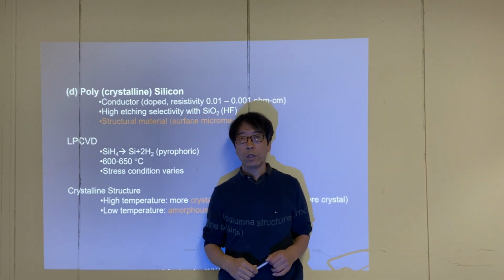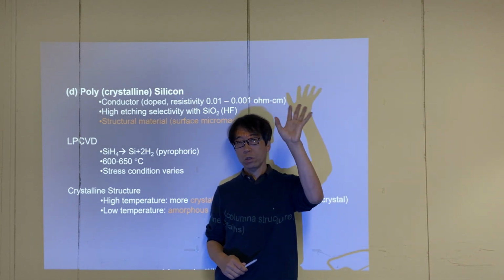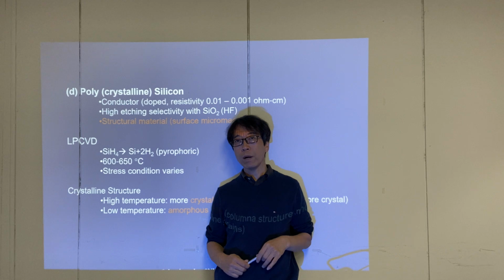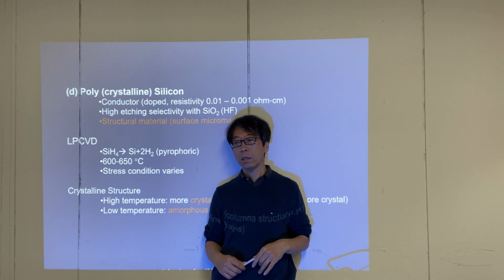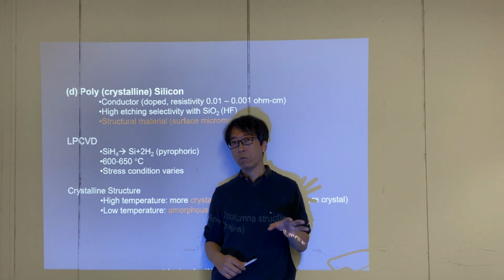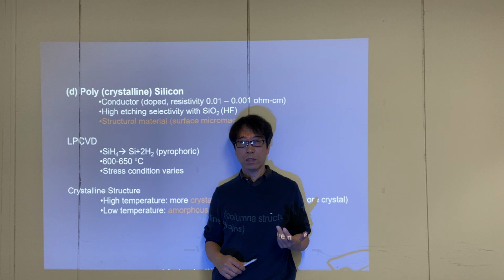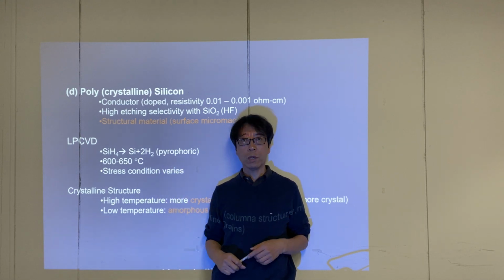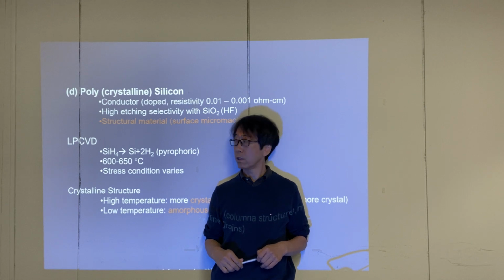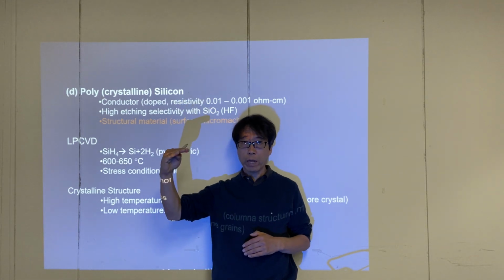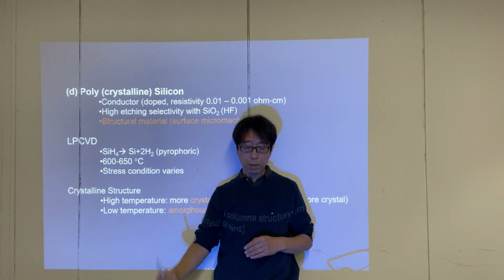Remember, oxidation occurs somewhere between 900 and maybe 1300 degrees Celsius, and silicon nitride deposition, which we studied last time, occurs at around 700 to 900 degrees Celsius. Then the polysilicon process occurs at around 600 to 650 degrees Celsius. So there are temperature ranges for each specific process.